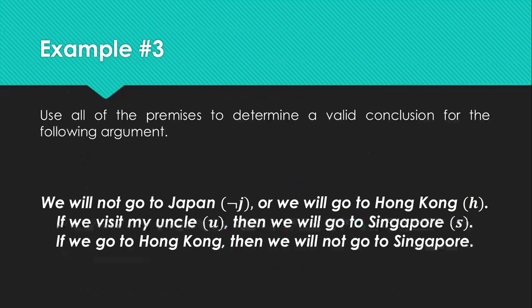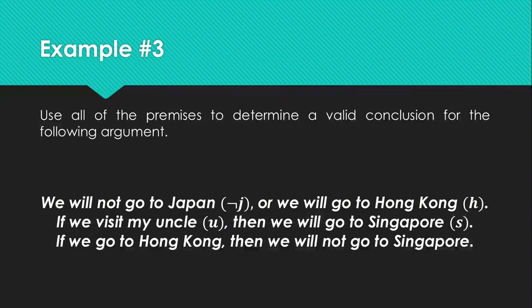Our argument states that I will not go to Japan, that is represented by not J. Or we will go to Hong Kong, that is H. Now, if we visit my uncle, that is U, then we will go to Singapore, that is S. And our last premise, if we go to Hong Kong, then we will not go to Singapore.